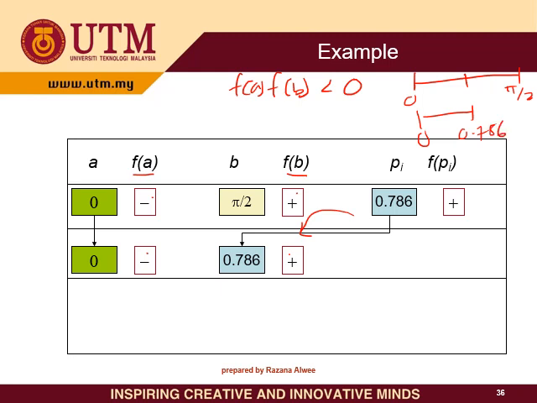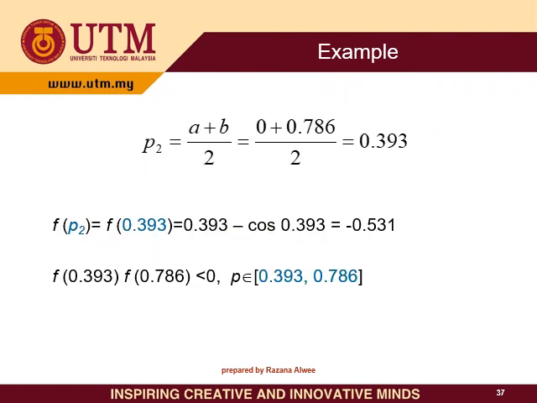It will become smaller, and then you find your p2, and it becomes much smaller, and we'll see which way it goes. If you calculate your p2, a plus b is 0 plus your b1 here, 0.786, so you will get 0.393 as your p2. If you calculate the function for p2, you will get negative here.